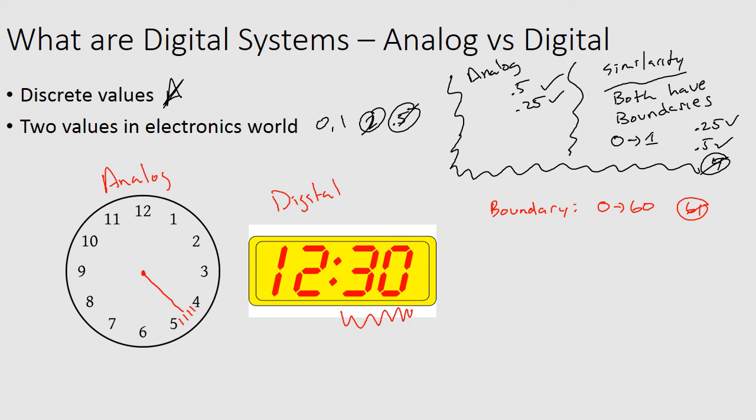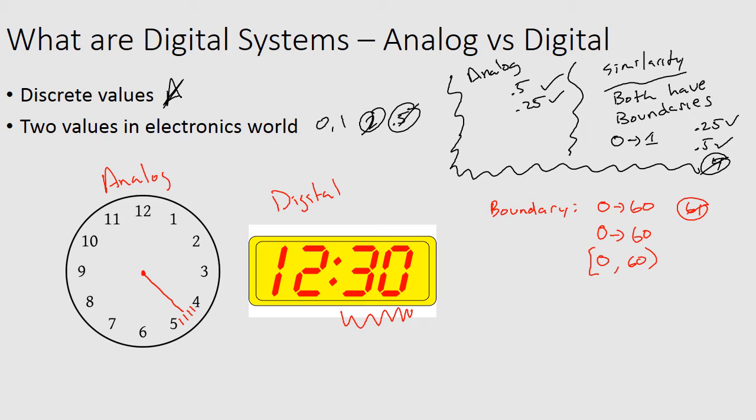And if you think about it, when you say 61 minutes, that really doesn't make too much sense if you are saying it in the context of saying, oh, it is 12:61. That doesn't make sense. In fact, 60 doesn't even make sense. So we should change our boundary to 0 to 60 non-inclusive, for all of you math geeks out there.